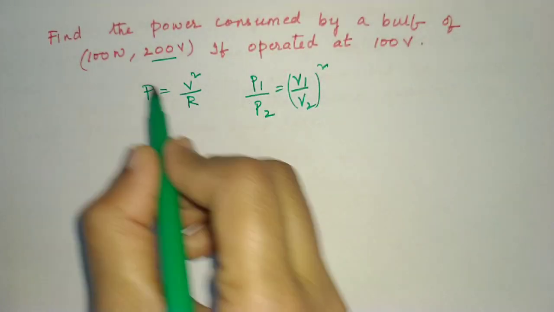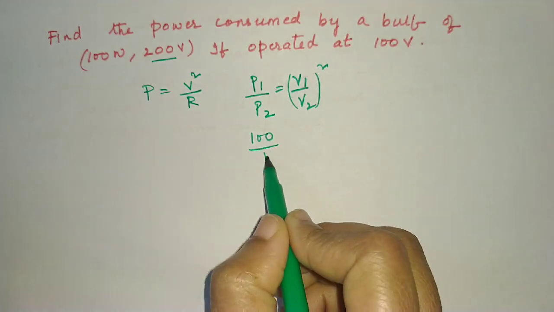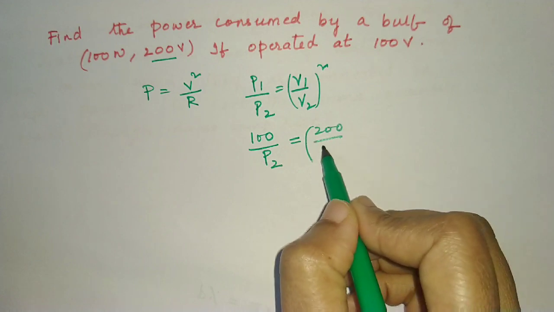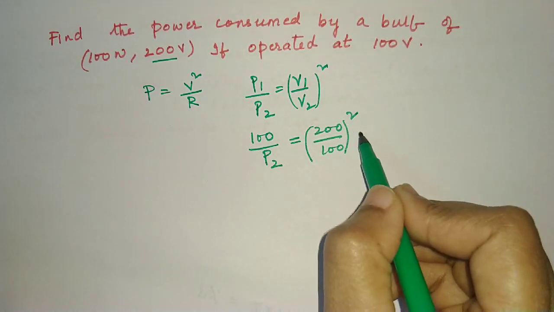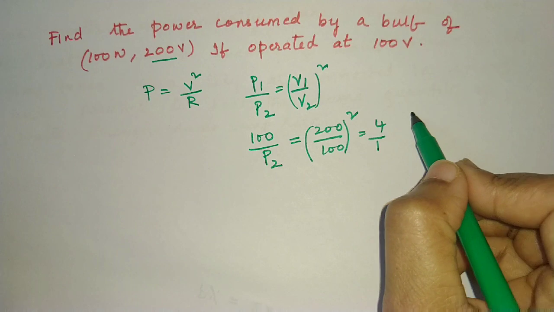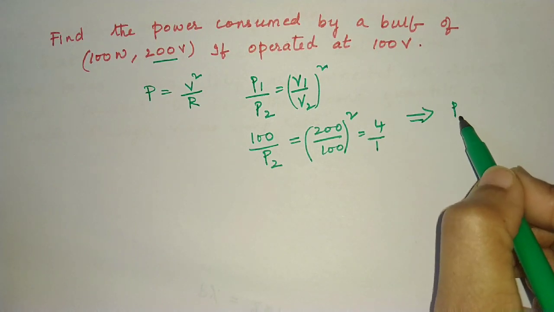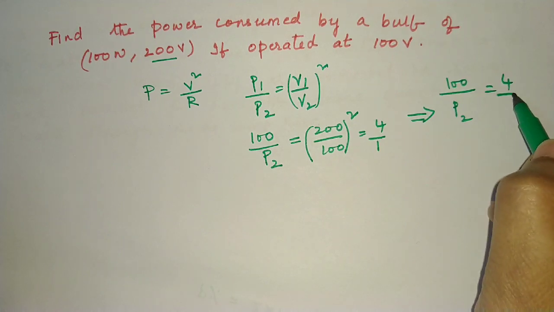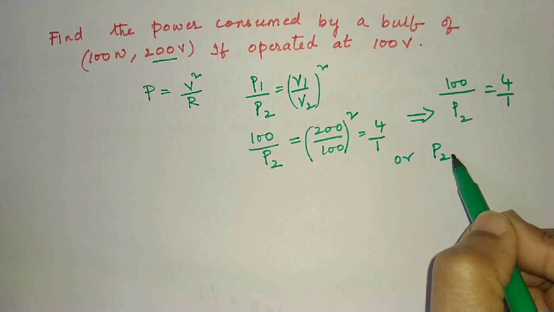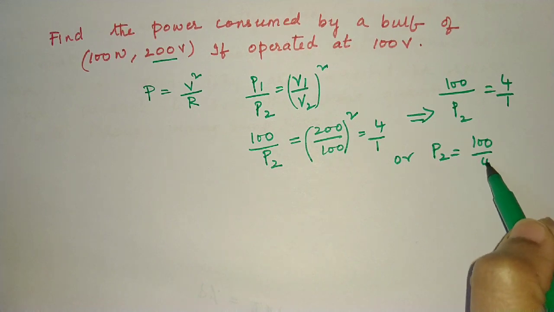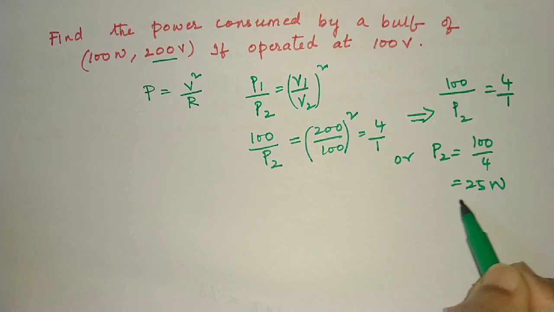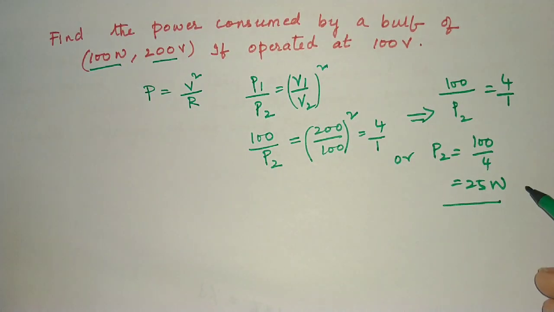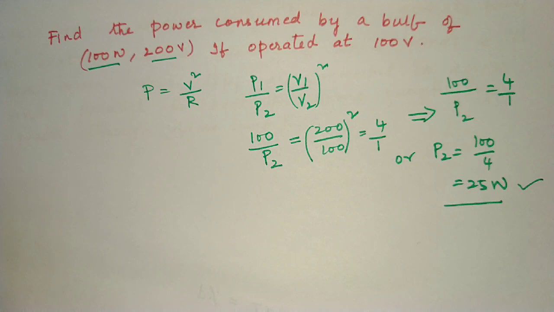P1 is 100, P2 we will calculate, V1 is 200 by 100 whole square, that is 4 to 1. So P1 by P2 is 4 by 1, or P2 is equal to 100 by 4, which is 25 watt. So if you have bought a bulb of 100 watt and operate it at less voltage, it will give you much lesser power.